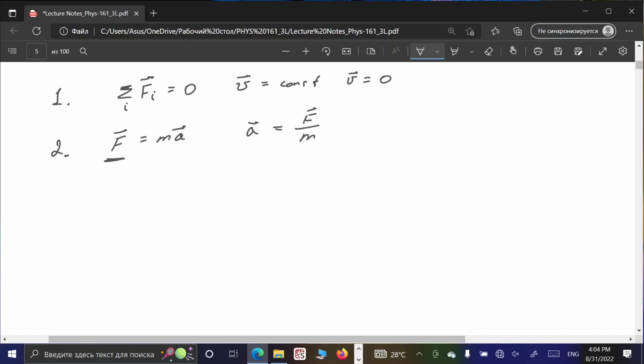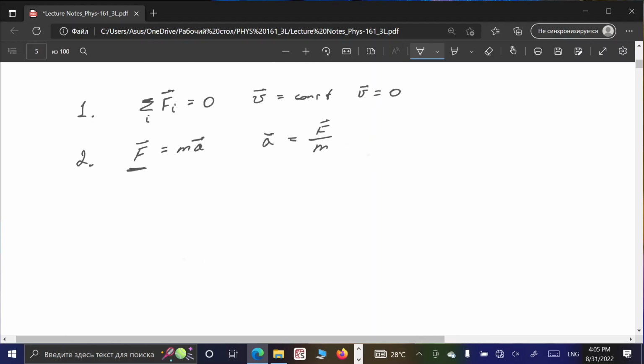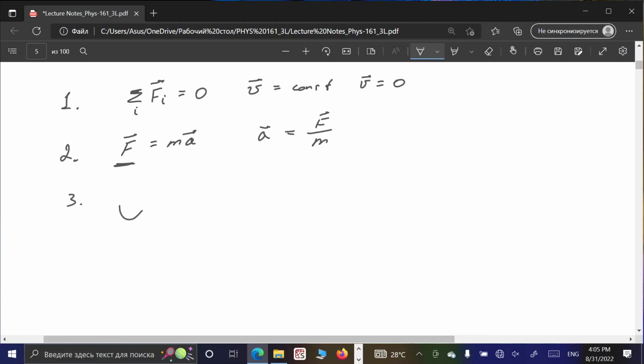If there is some force exerted from body 1 on body 2, let us denote it F12, exerted from body 1 on body 2, there always will be force F21, the reaction force from the second body on the first body, with the same magnitude but opposite direction.